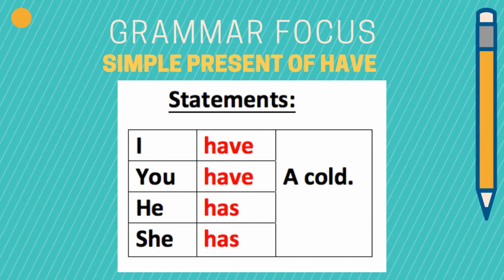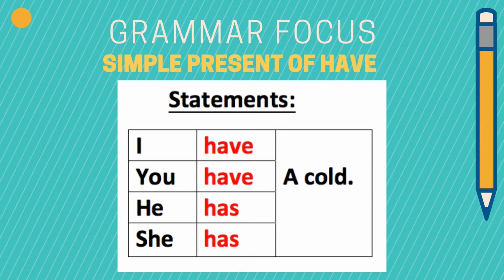Let's go ahead and look at the grammar focus today. On your screen, you see the grammar chart for the simple present of have. These are very simple statements to describe what you have.